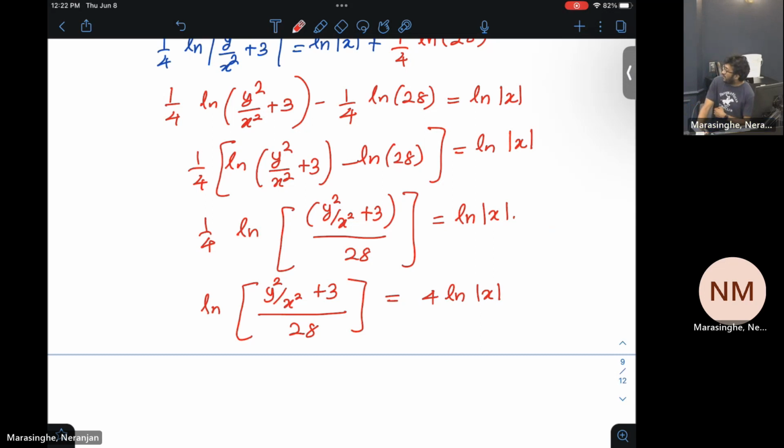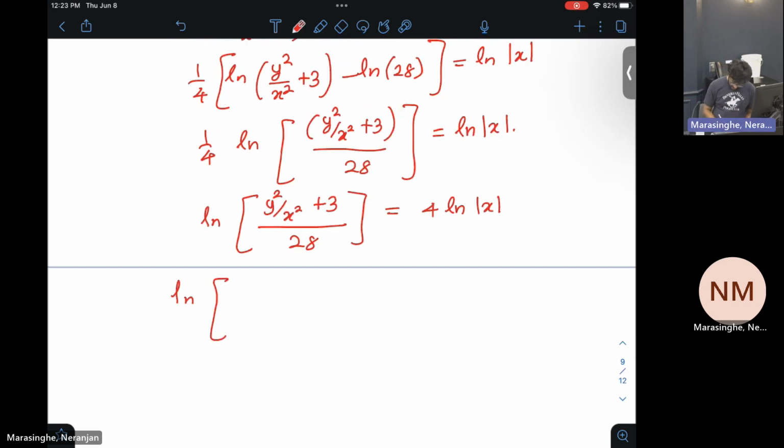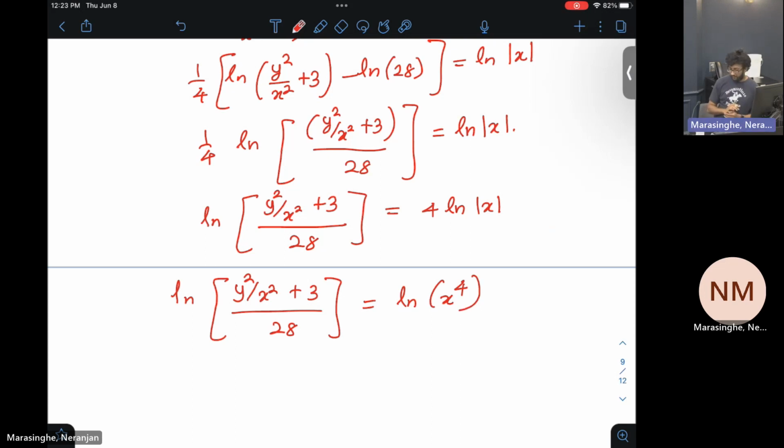Okay. Then again, I'm using one rule of logarithm. I have 4 times natural logarithm of x. I can write that as natural logarithm of x to the power 4. So I would get natural logarithm of (y square divided by x square plus 3) divided by 28 is equal to natural logarithm of x to the power 4. Now what can you say about those two functions?